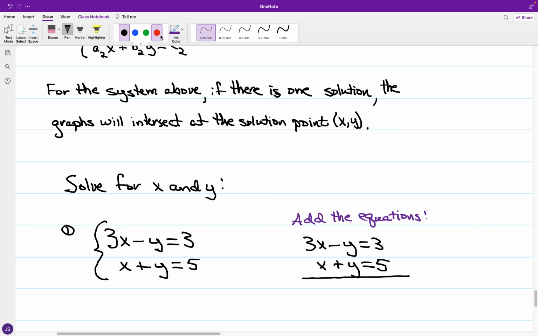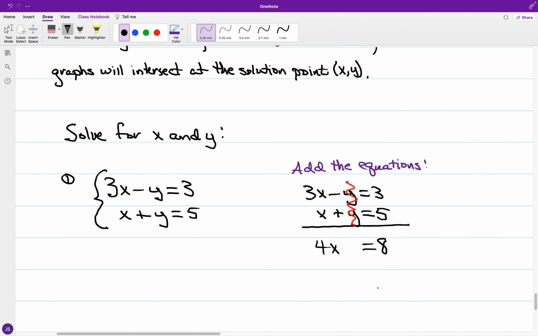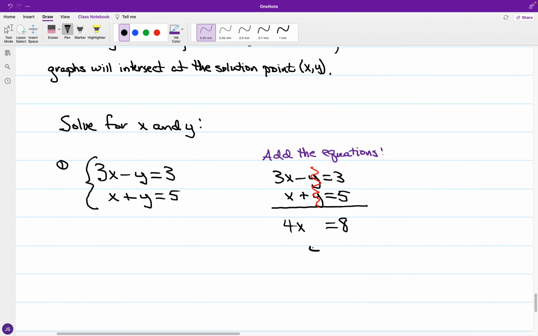And if you notice, we have negative and positive y, which will cancel each other if we add the equations together. So we have left over 3x plus x is 4x, and 3 plus 5 is 8. Now we have 4x equal to 8, and upon division by 4, if 4 times x is equal to 8, we're going to have x is equal to 2.